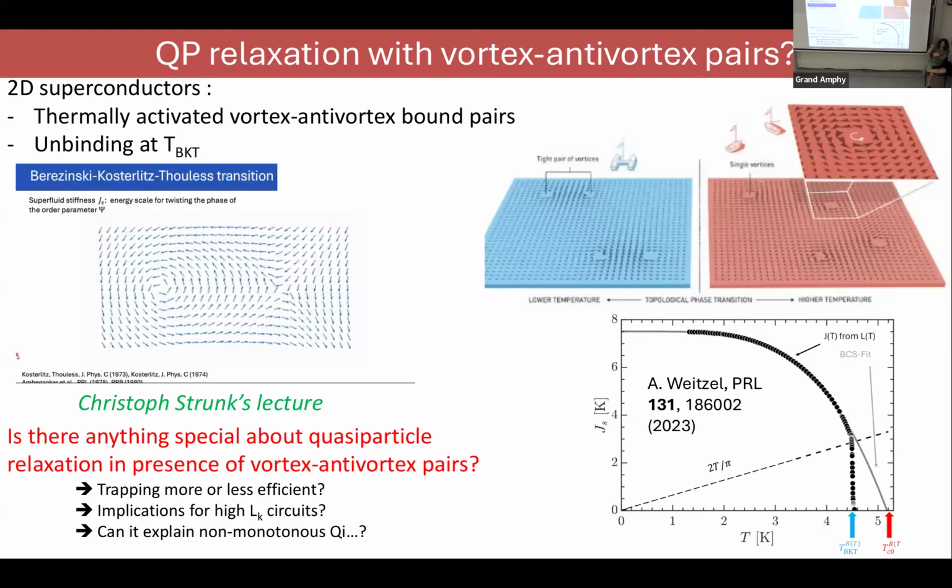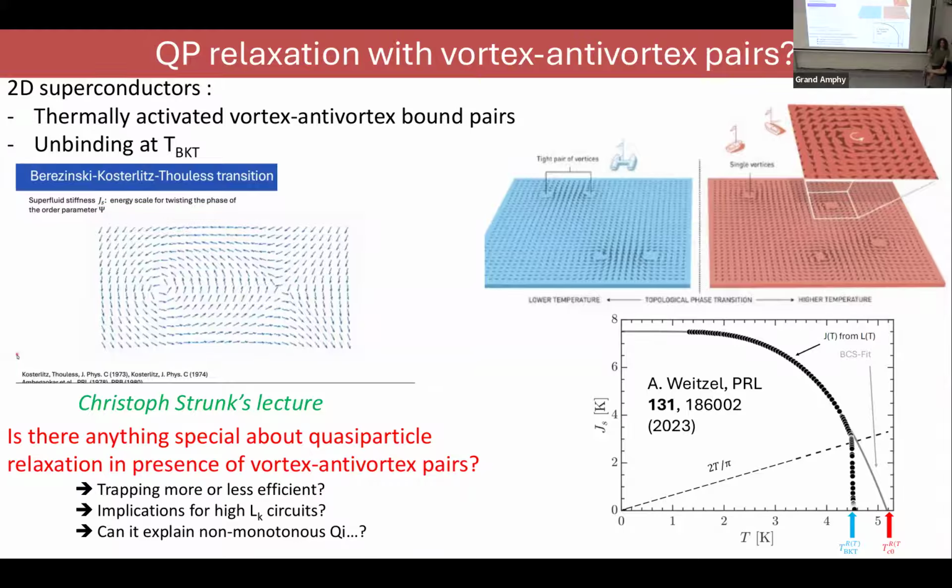One vortex will not add much dissipation, and it will help more than it hurts because it will help you relax the quasi-particle. Well, at some point when you have too many vortices, I don't remember the number, the dissipation of these non-pinned vortices overwhelms the advantage of capturing the quasi-particle, and the qubit performance goes down.